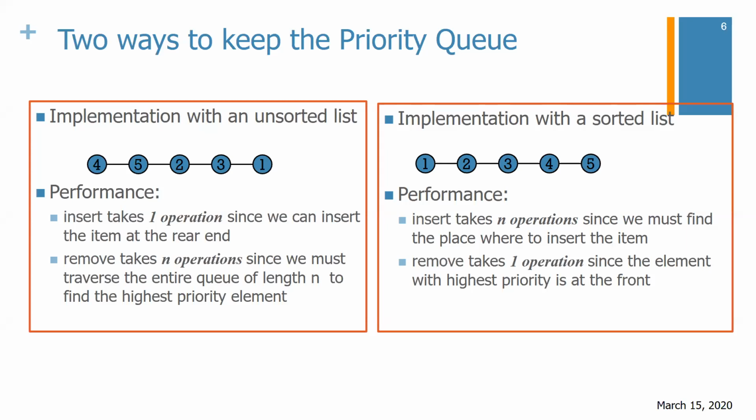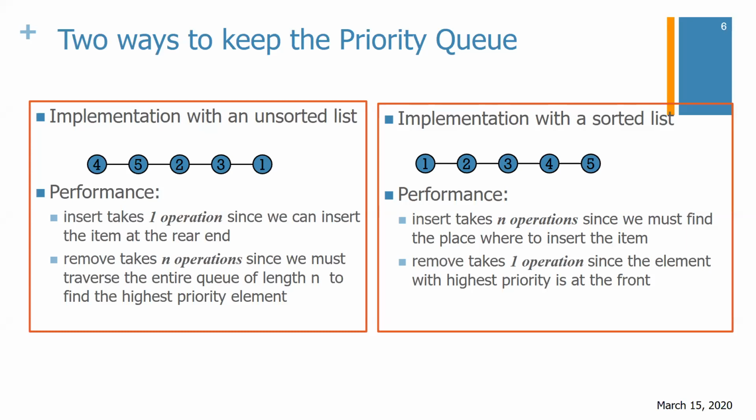But to remove from the list, the highest priority element must be found, so we traverse all elements in the list and then choose the highest priority to serve or remove.